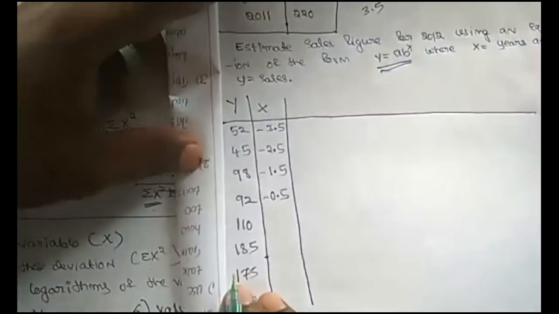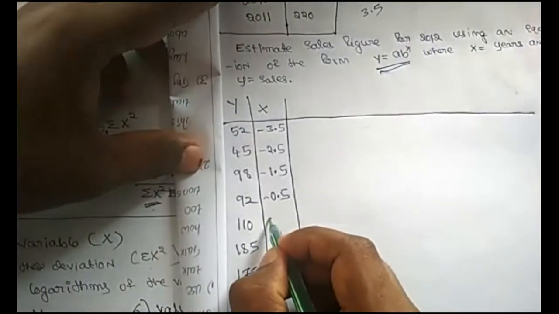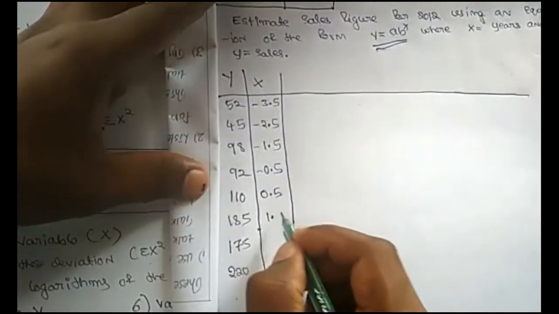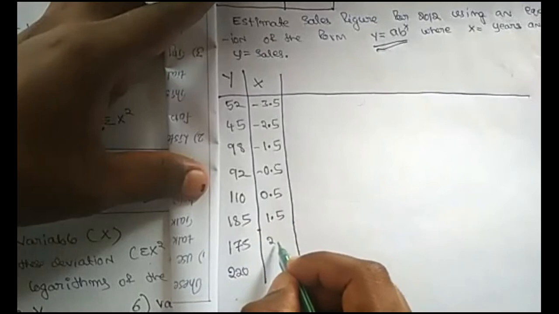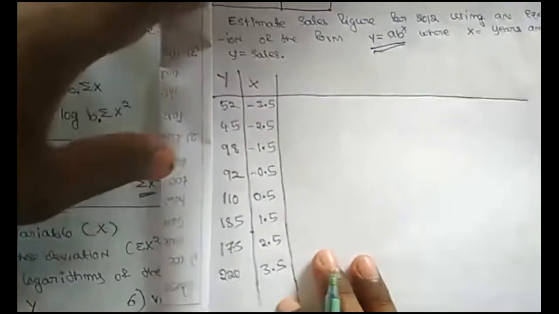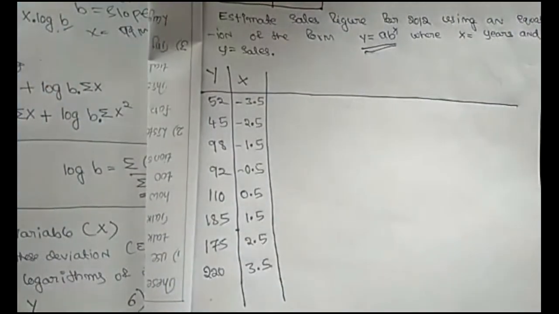First minus 3.5, minus 2.5, then minus 1.5, minus 0.5, then 0.5, 1.5, 2.5, then 3.5.